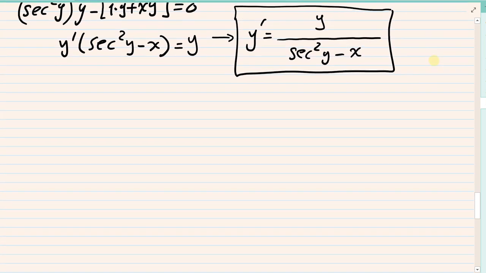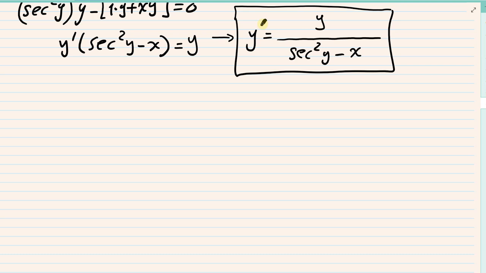Again, this isn't bad. This is pretty straightforward at this point. Now, let's take the derivative of this. One thing you couldn't do, by the way, is take the second derivative in that position at that point. Okay, so we're going to have to solve for y prime and then take the derivative again another time.